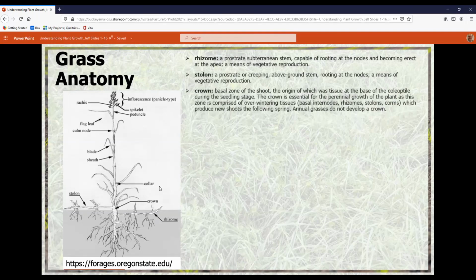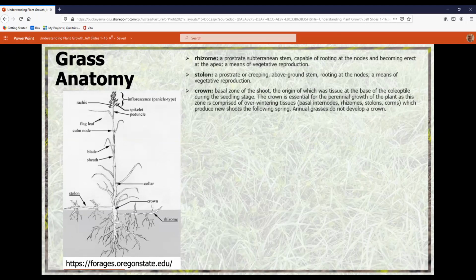Something else to keep in mind is all the grass plants have a crown at the base of the plant near the soil surface. Depending on the plant, it may be above the soil surface or slightly below. But this is a really important zone to pay attention to in grass anatomy, because this is where all the basal meristems are, all the places where the buds for new stems and new leaves form.